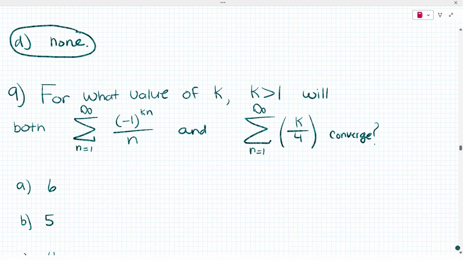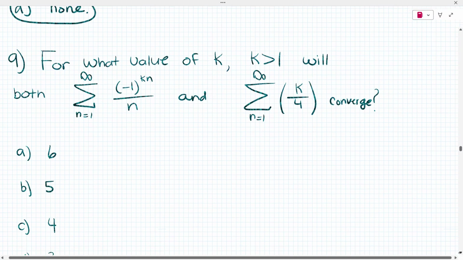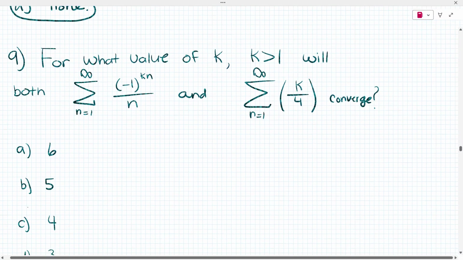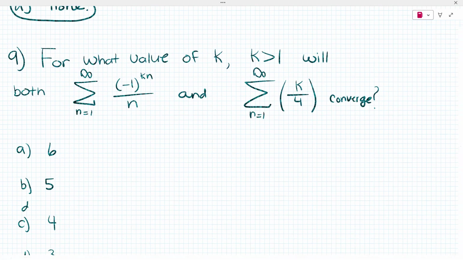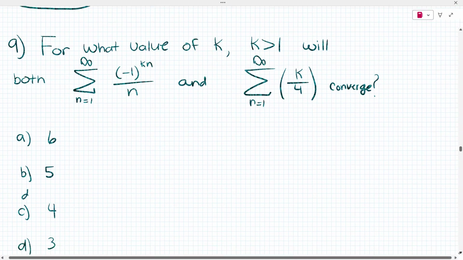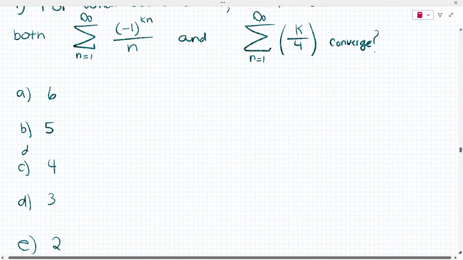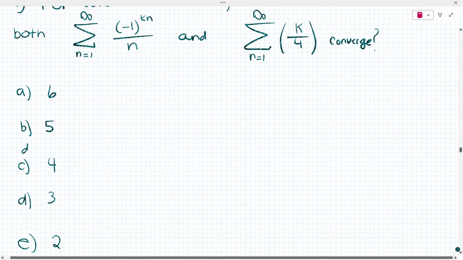We can start testing the choices: A is 6, B is 5, C is 4, D is 3, and E is 2. We have to figure out which k values will make them both converge.